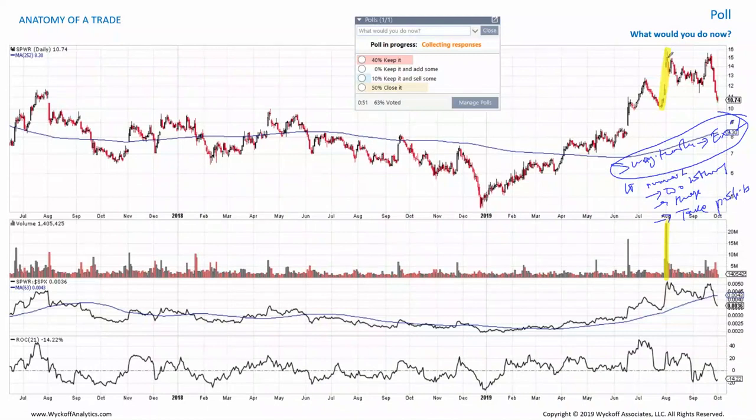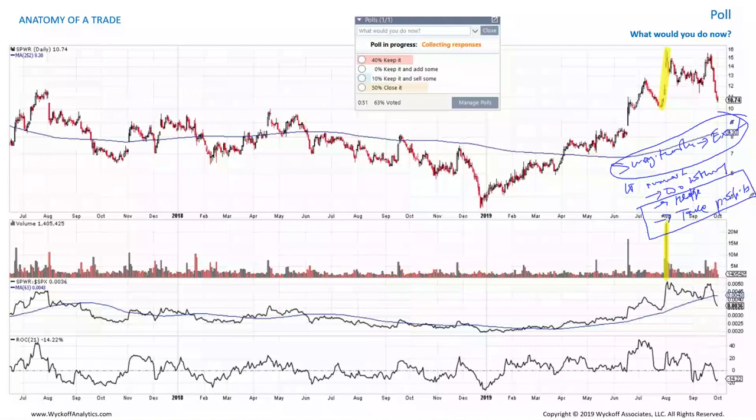There is no sense in adding to the position at this point, but there is a lot of sense in doing other things. I think the key here is to do those other two things: either hedge or take some profits. And you could actually do both.